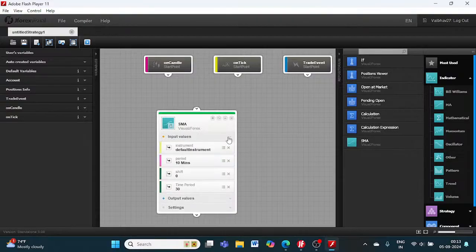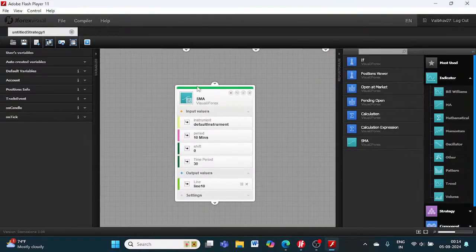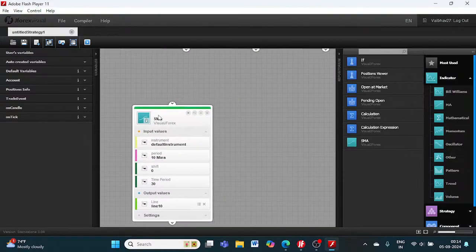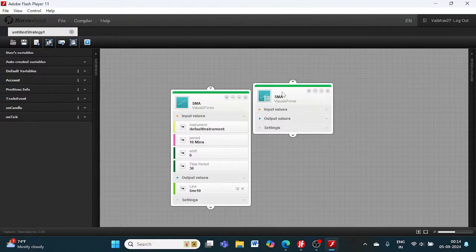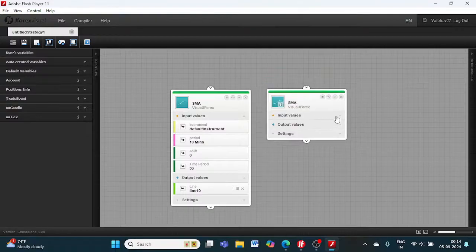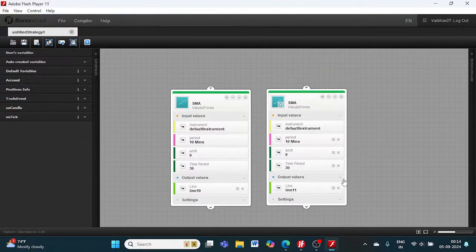We are going to need a couple of these because we are going to do the comparison. We will get these logical blocks as per the need. For a simple comparison, we are going to need two of these at the minimum. So let me add these two first.